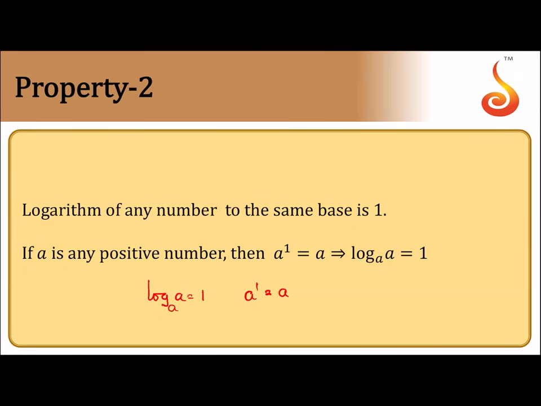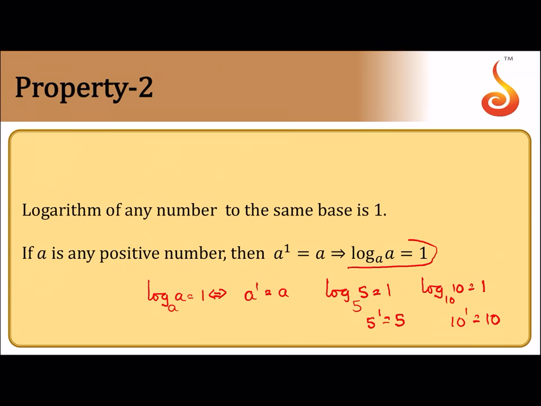Logarithm of any number to the same base is 1. Means log base a of a equal to 1. It means a to the power 1 equal to a. Similarly, log base 5 of 5 equal to 1, log base 10 of 10 equal to 1.